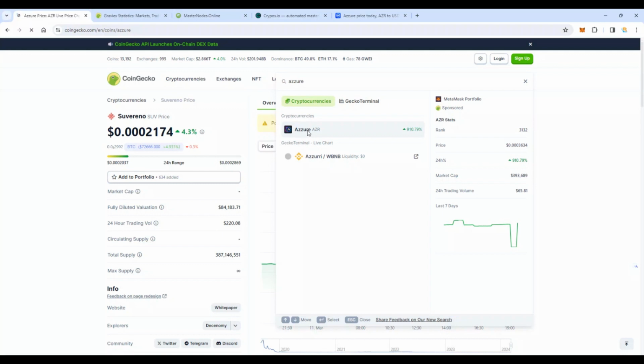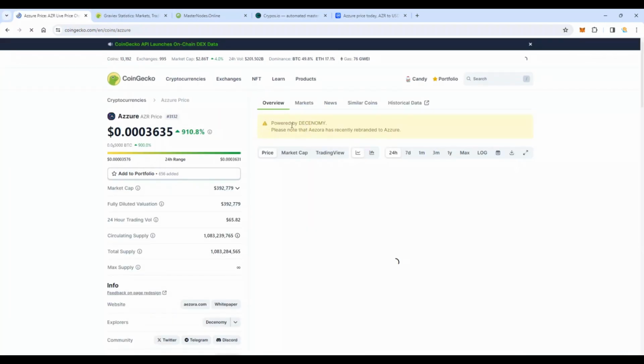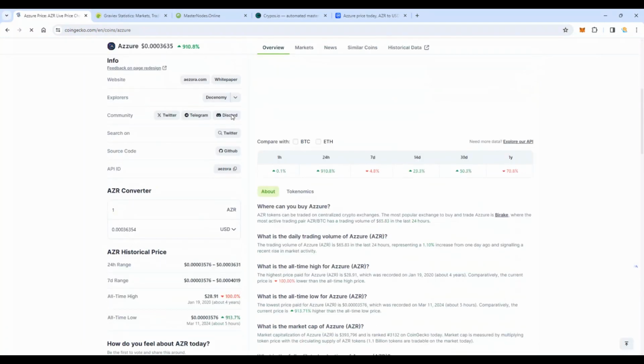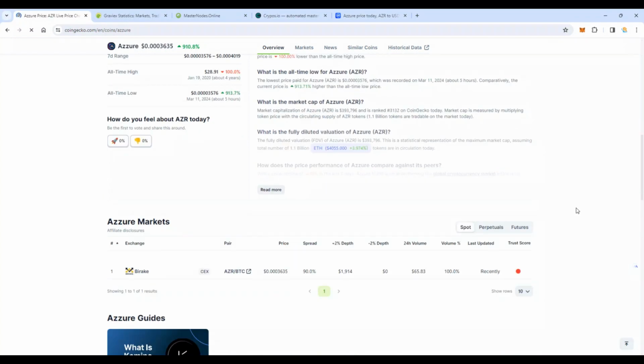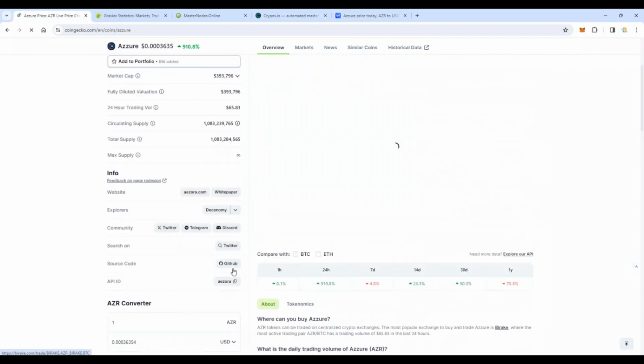So Azure. Where can you buy Azure? You see Bireg, you can buy it on Bireg. But the problem with Bireg, I told you, I've been waiting for my exchange to be verified. It hasn't been verified yet. And looking at the 24-hour volume, it's only $65 on this Bireg exchange for this currency pair, Azure BTC.